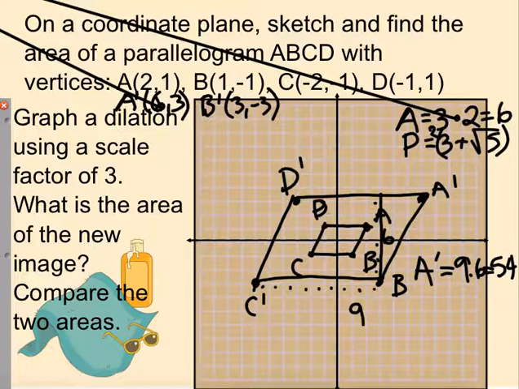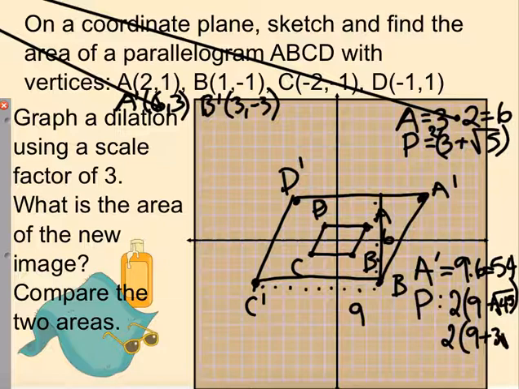And my perimeter is going to be, well, 2 of the 9 plus, well, if we have this, it's actually going to be a length of, let's see if I can do this in my head. 9 plus the square root of 45, which in actuality is 2 times 9 plus 3 root 5.